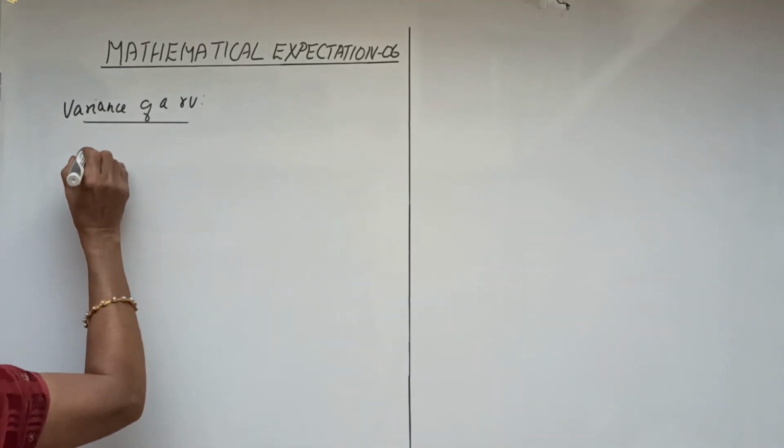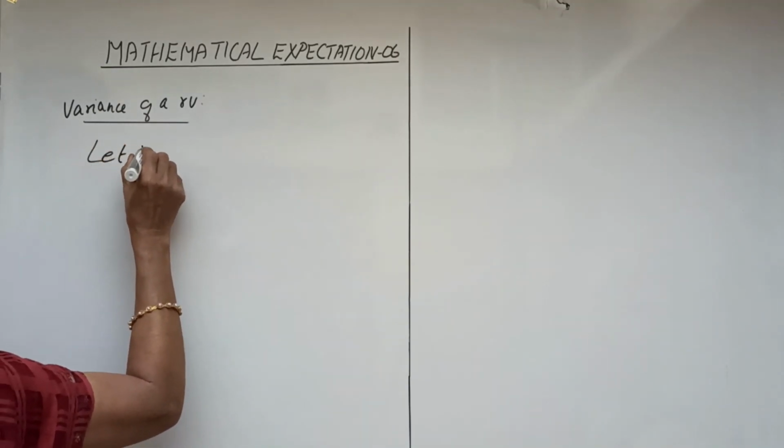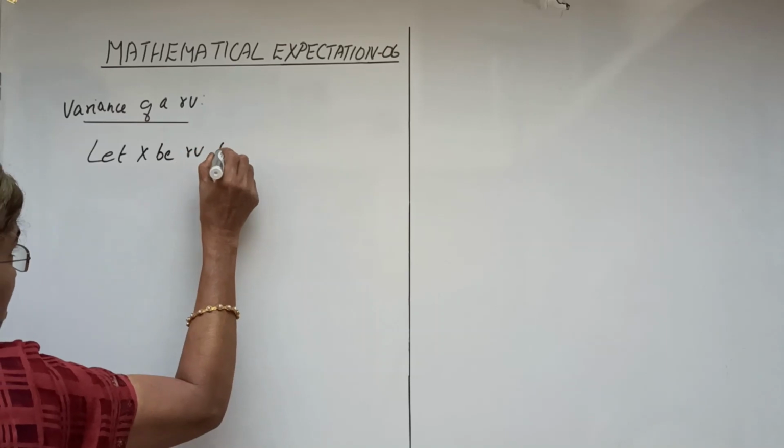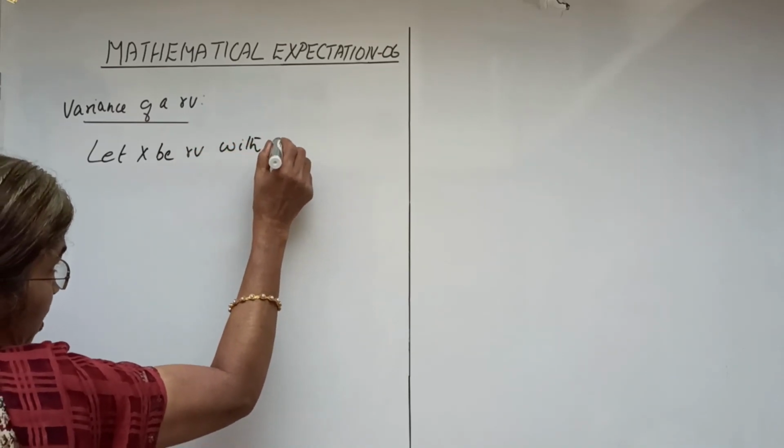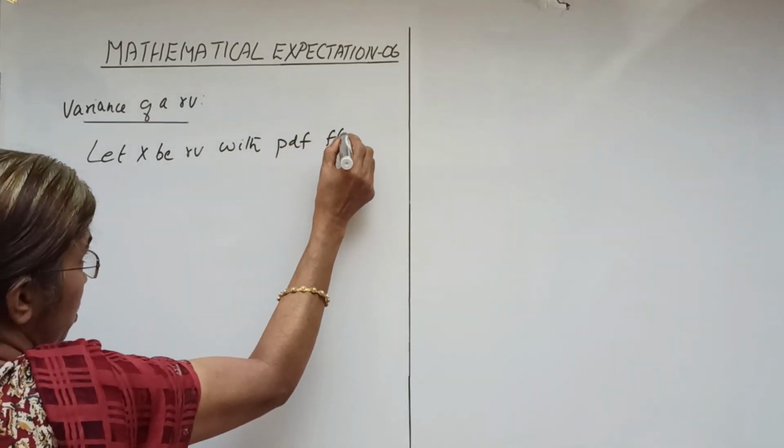Let X be a random variable with PDF f of x, whether it is discrete or continuous.